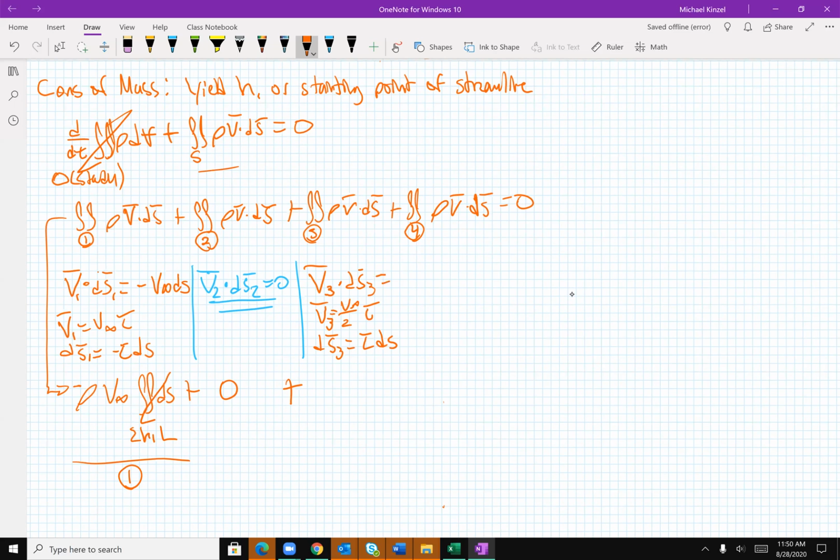So this is always going to be V infinity on 2, a positive sign, times dS.